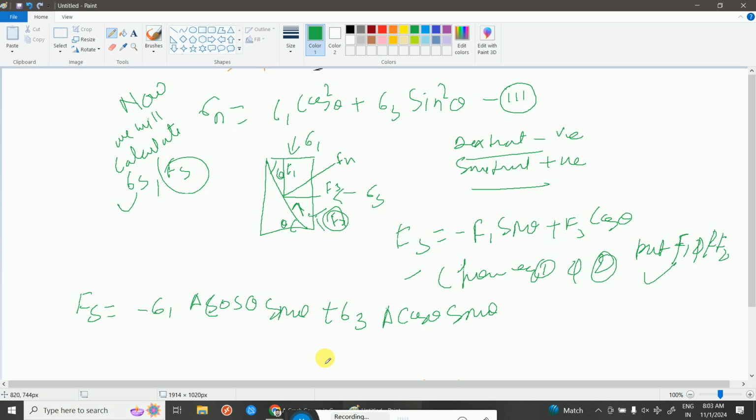Now if you remember, we know sine 2 theta is equal to 2 sine theta into cos theta. You know this formula. If you know, then this will be very helpful for the Mohr circle diagram with this stress diagram, which we have applied on a block and a block's plane.